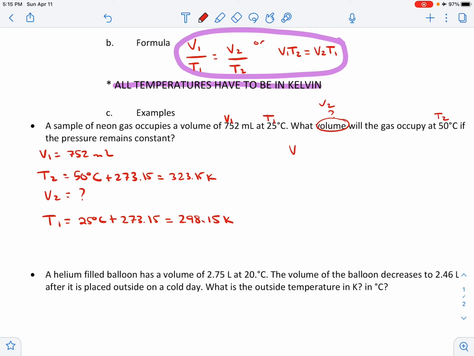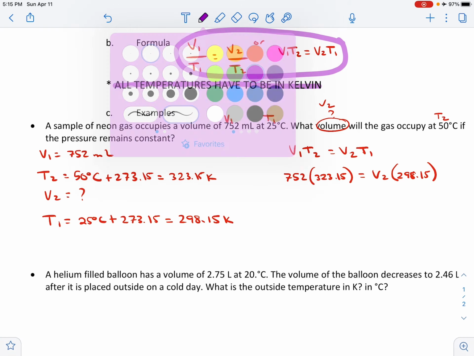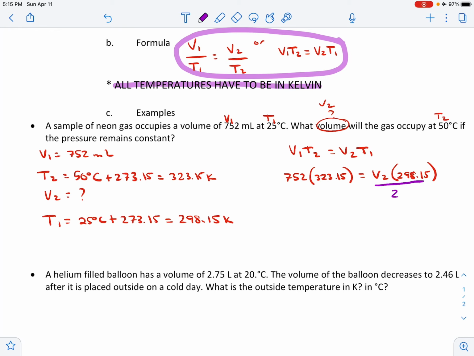Since we rearranged it, we have V1 T2 equals V2 T1. Let's plug in what we know: 752 times 323.15 is equal to V2, which is what we're looking for this time, times 298.15. Now we need to isolate V2, so we divide each side by 298.15 so we can get V2 by itself.